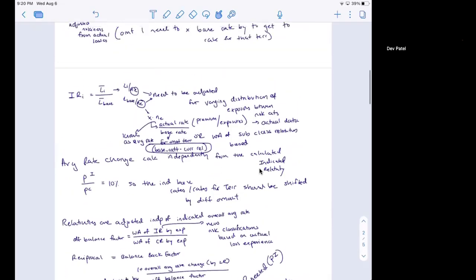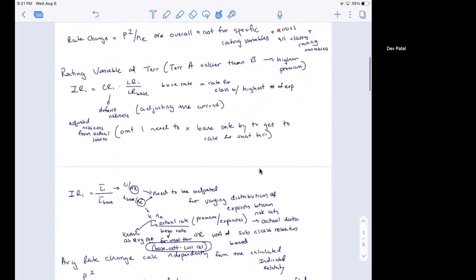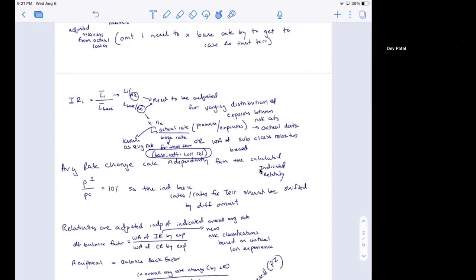So we're calculating this overall rate change, or the overall premium, in the beginning. Then we are finding the indicated relativity for each of the classes. Then we are adjusting the initial value that we got either by the off balance factor, if it's loss ratio, or by the weighted average of the current relativities, if it's pure premium.